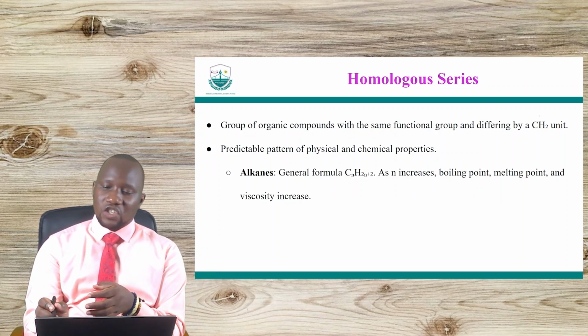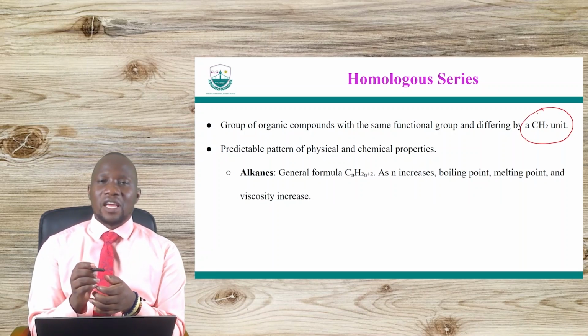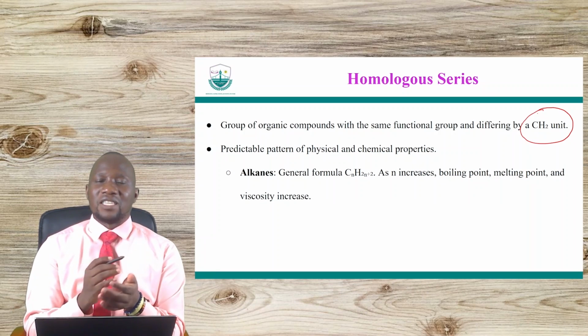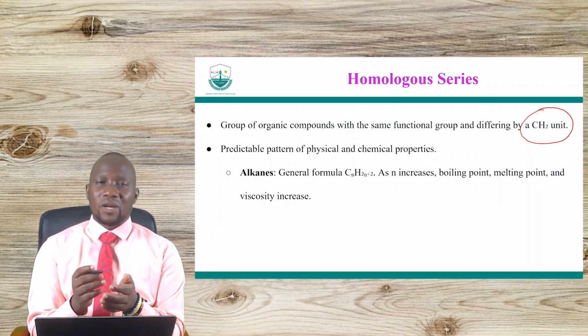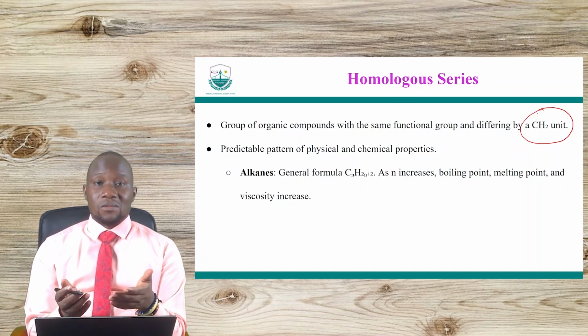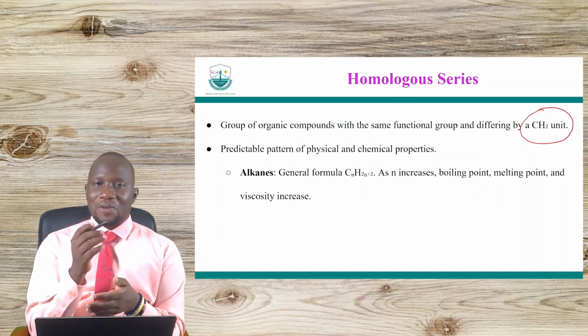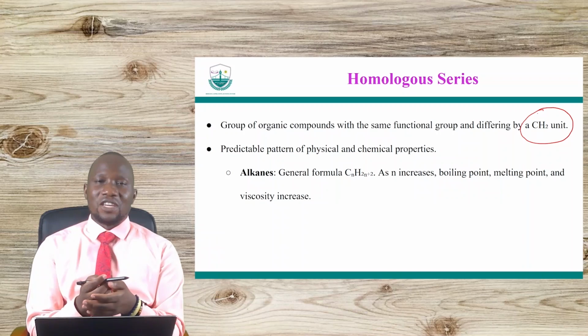There is always that unit here, the CH unit, that makes the difference. Ethanol from propanol, for example, or methanol from ethanol. What's the difference? You realize that it's actually the CH group that makes the difference.